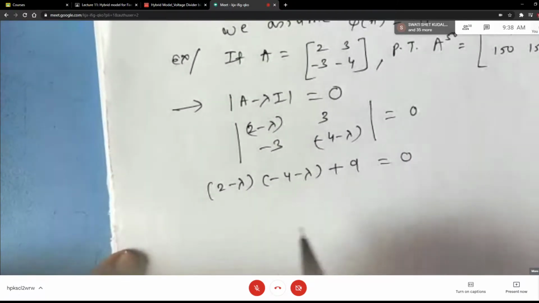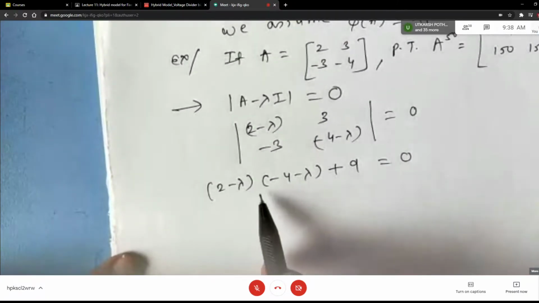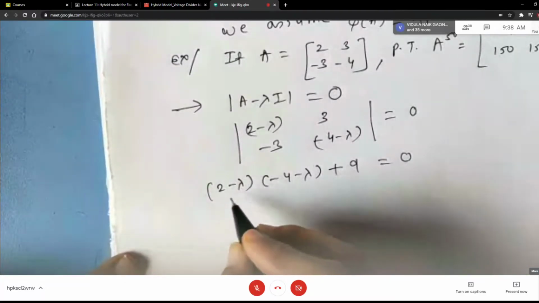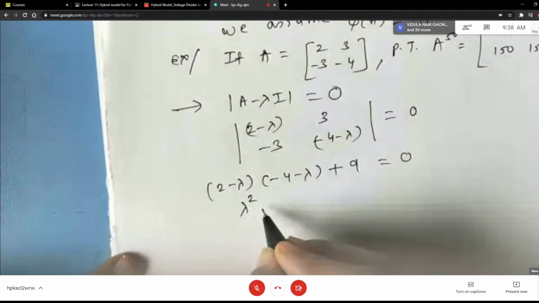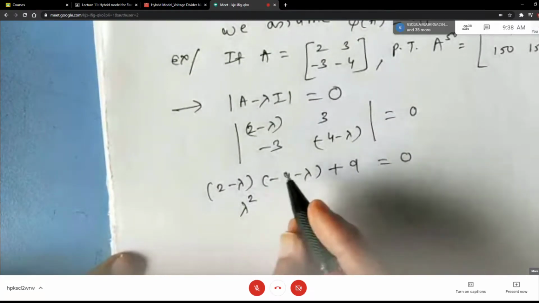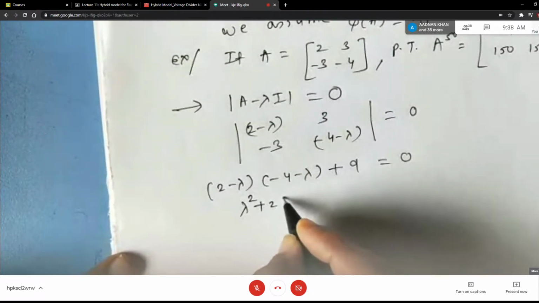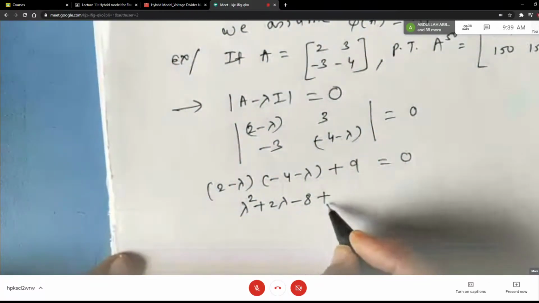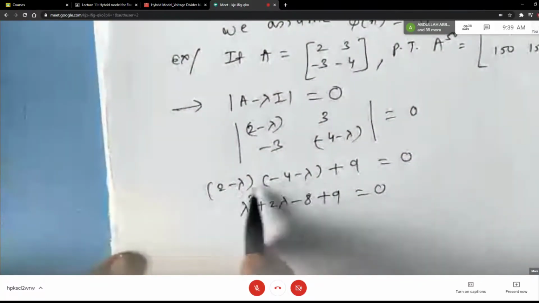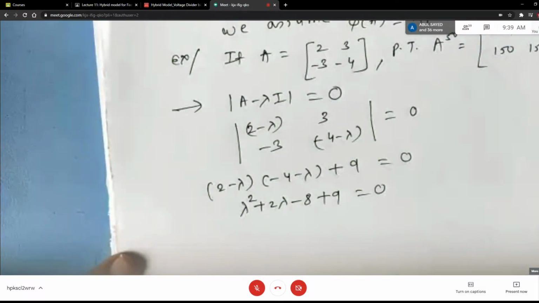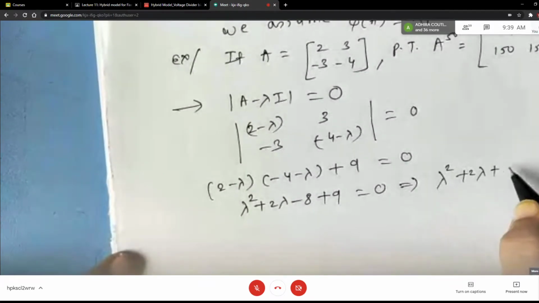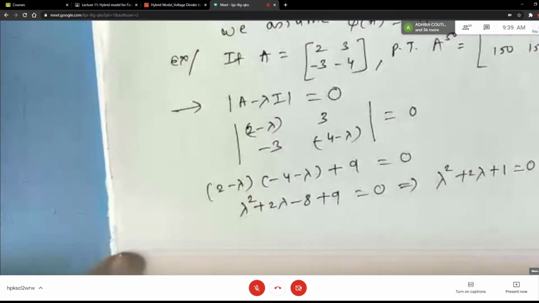Then multiply these two brackets. So what you get here is lambda square plus 2 lambda plus minus 8, and this is plus 9 is equal to 0. You have to multiply these two brackets term by term, and then this gives you lambda square plus 2 lambda plus 1 is equal to 0.